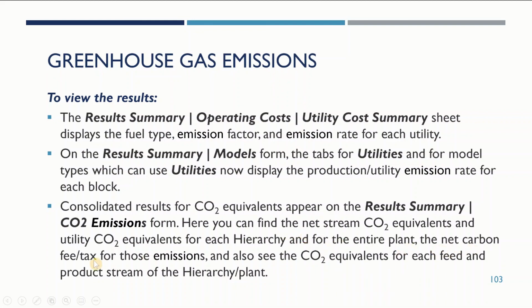Also, the net carbon fees or tax for those emissions, and also see the CO2 equivalents for each feed and product stream of the hierarchy or the plant. These results also appear in the report file. So let's go to the tutorial to practice using the utility features.